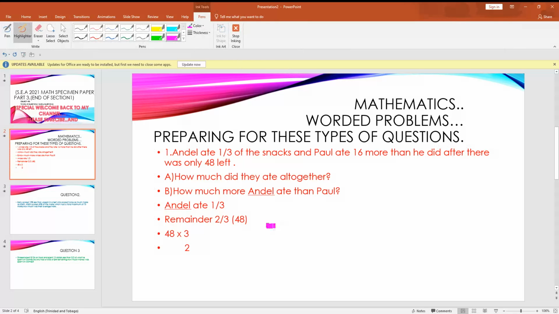Now 48 is the number, so first we put the 48, then we multiply by the reciprocal of the fraction, so we flip the fraction. This now becomes 3 over 2. Now we reduce, so we use this number as the number that we are going to be dividing with.